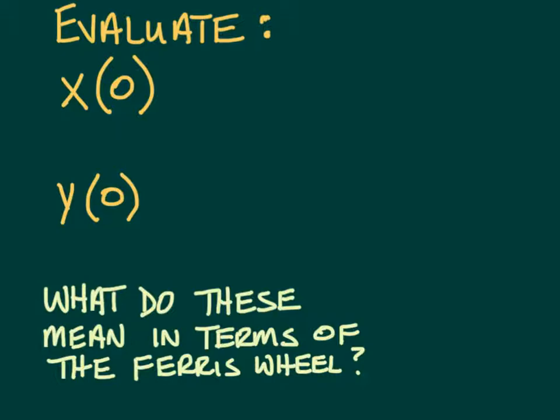Now we have to evaluate x of 0 and y of 0. And what do these mean in terms of the Ferris wheel? So if I do x of 0 for the co-height function, that would be 25 cosine of 0.